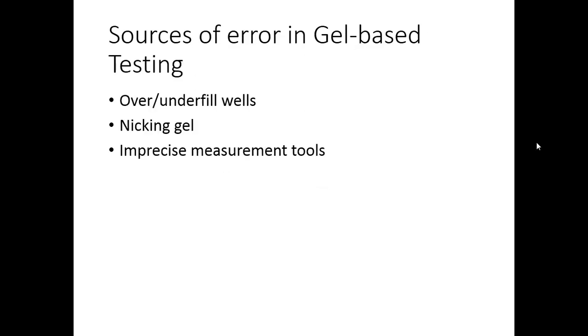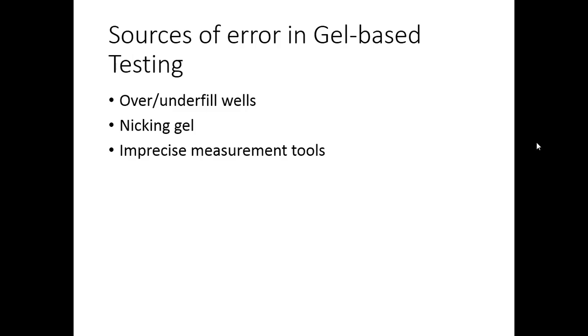A couple of the basic sources of error in these gel-based precipitation reactions. We're going to see in a few minutes how we have to inoculate the gel with the samples. You can either overfill or underfill the wells that are cut into the gel. Especially when people are first learning how to do it, you can nick the gel, and if you nick it, as soluble antigen or antibody passes through that area of the gel, they don't move very well because you've disrupted the gel.